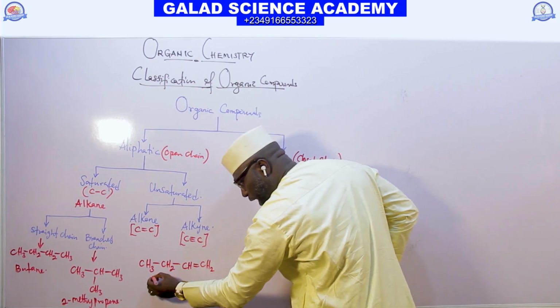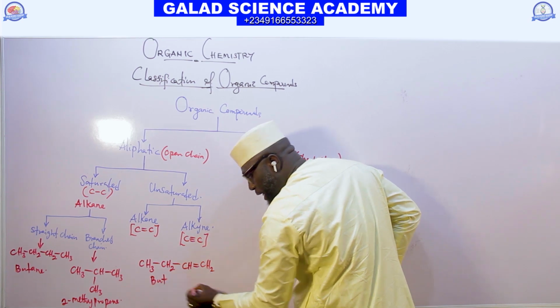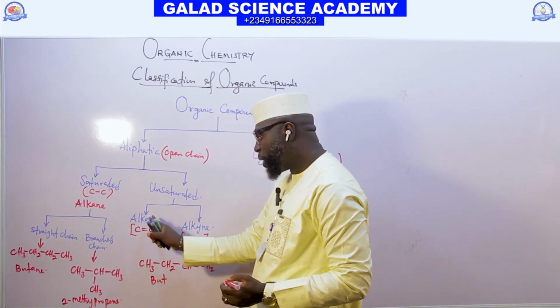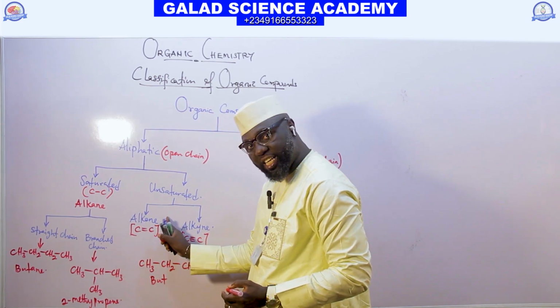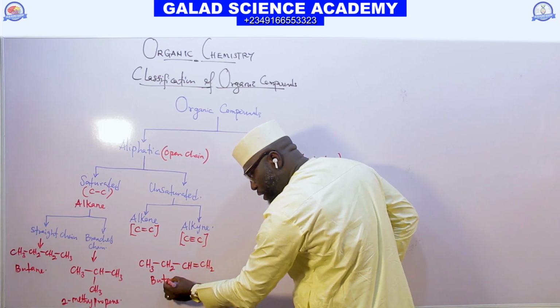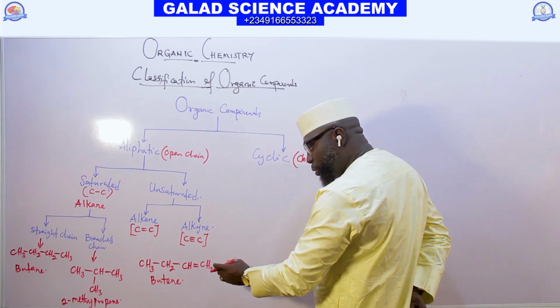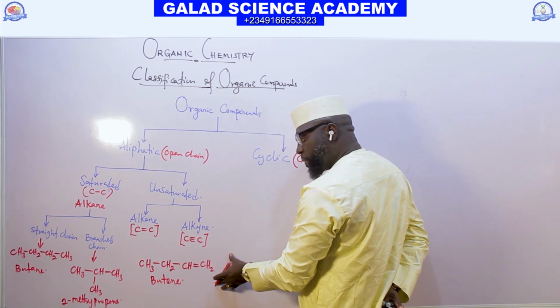It is butane, abi? Instead of calling it butane, we have a double bond here. The double bond means ene. You call it butene, abi?